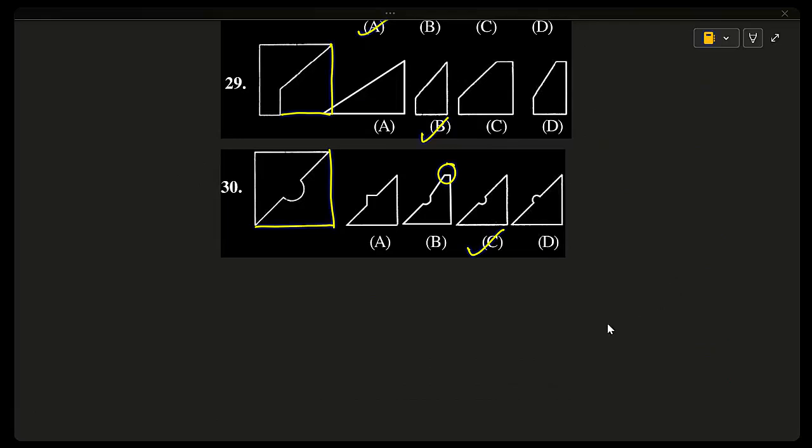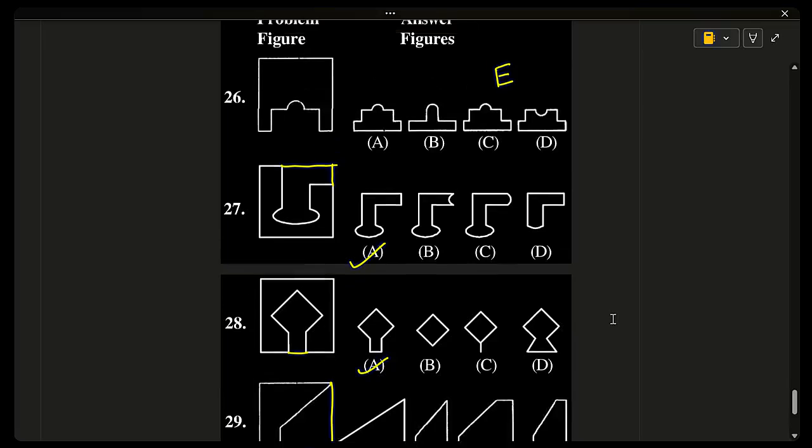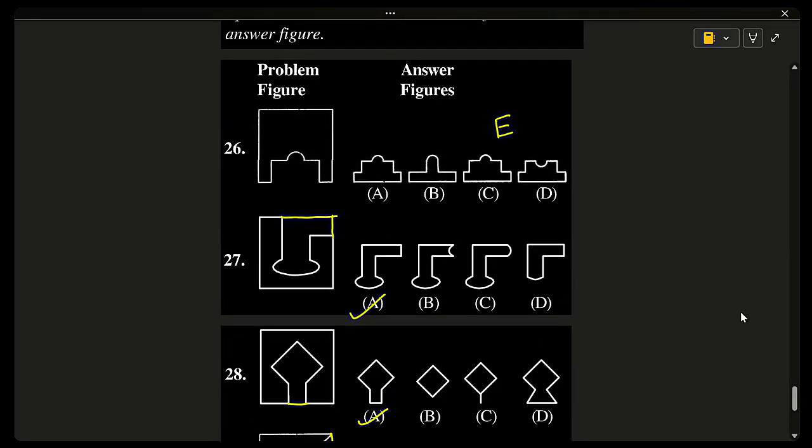Tanush, what is your doubt? The 26th question. None of the options are matching, right? But which is the most approximate? Option A. Why option A? To complete the square, we want this shape, right? You are thinking about the base also. If you attach the base, it won't become a square, it will become a rectangle.